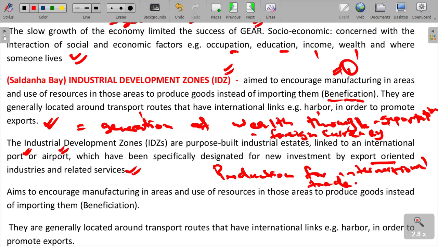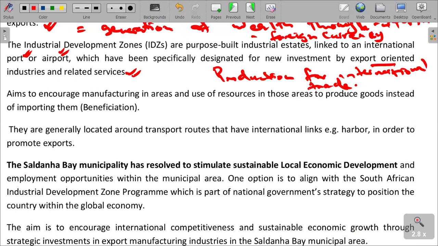So it aims to encourage manufacturing and use of resources in those areas to produce goods instead of importing them, which we say is beneficiation.